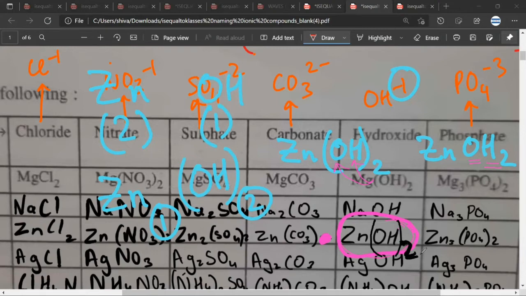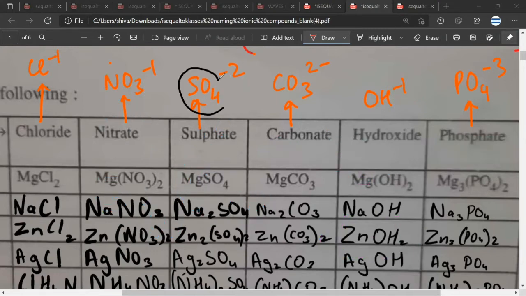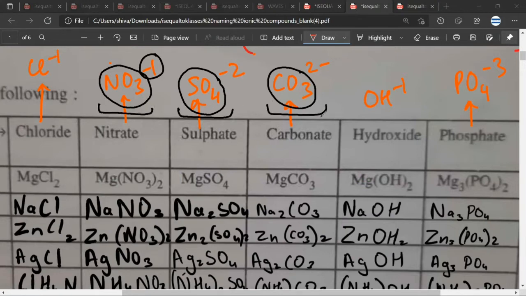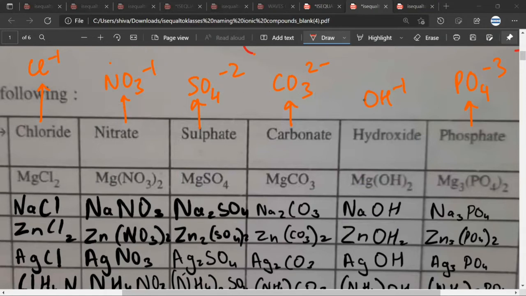Yes, sir. See, what you need to understand is that this SO4 is one entity. This is one entity. This is one entity. And this charge is on the full entity. This charge is shared by this. Is it making sense? Yes, sir. So what I'm trying to tell you is that when you look at SO4 minus 2, it doesn't mean that this oxygen has minus 2.